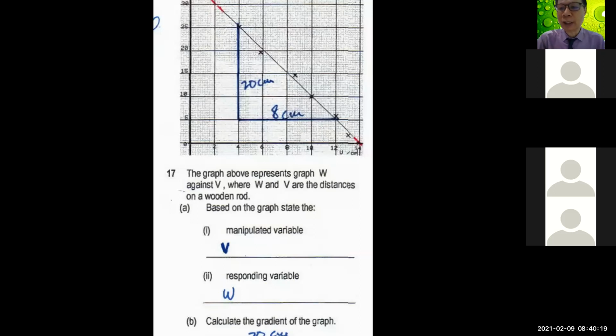Anyone got the answer for gradient? Share your answer here. Okay, once answers came in, this is from Li Yizi, negative 250. I'm not sure this is correct or not.